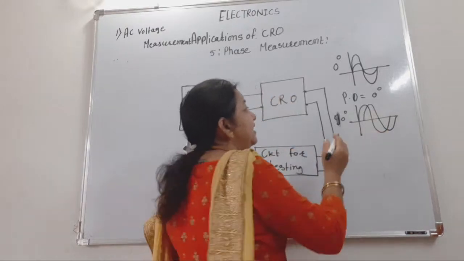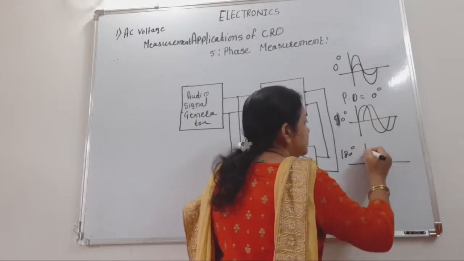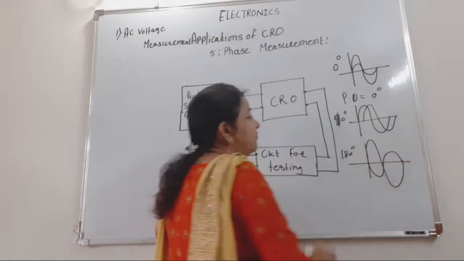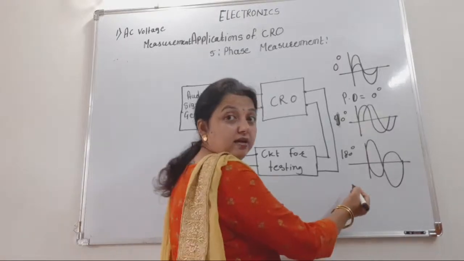Here the 90 degree. What about 180? You easily understand 180. Suppose the first wave is like this and second wave is like this. Then what is the phase difference? 180 degree. And what about 270?